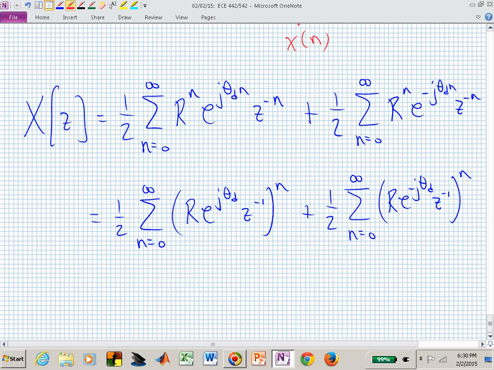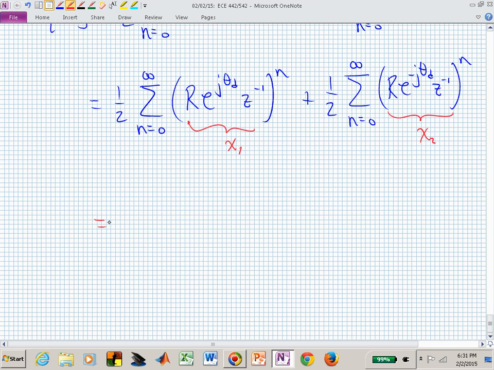And let's just do our normal way of thinking. That's too messy looking. Let's just call it some new variable. Let's call that capital R e to the j theta sub d z to the minus 1, x1, and this x sub 2.